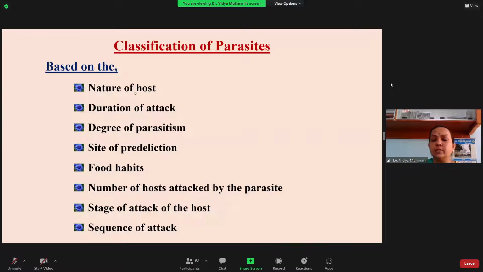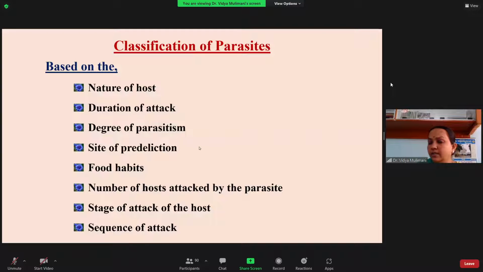The first classification is a general one, based on the nature of the host. Then the duration of the attack, whether permanent or for a short period. Then the degree of parasitism, whether they can live away from the host or not.